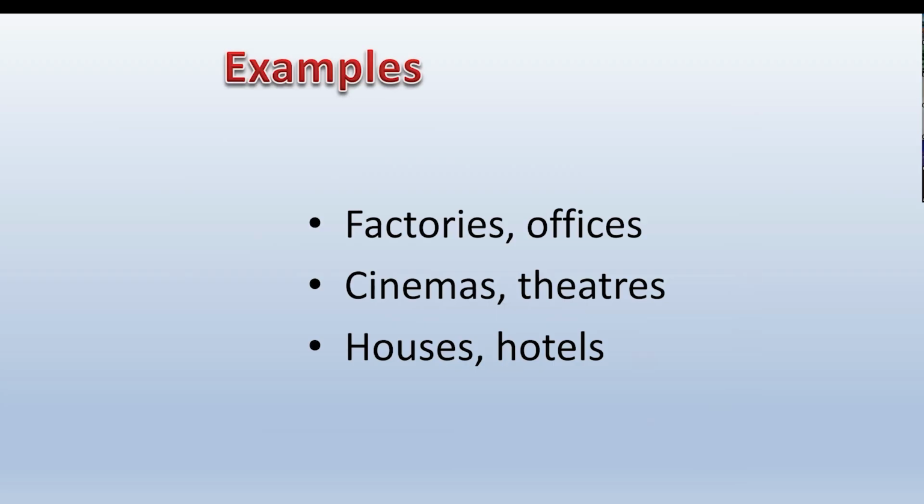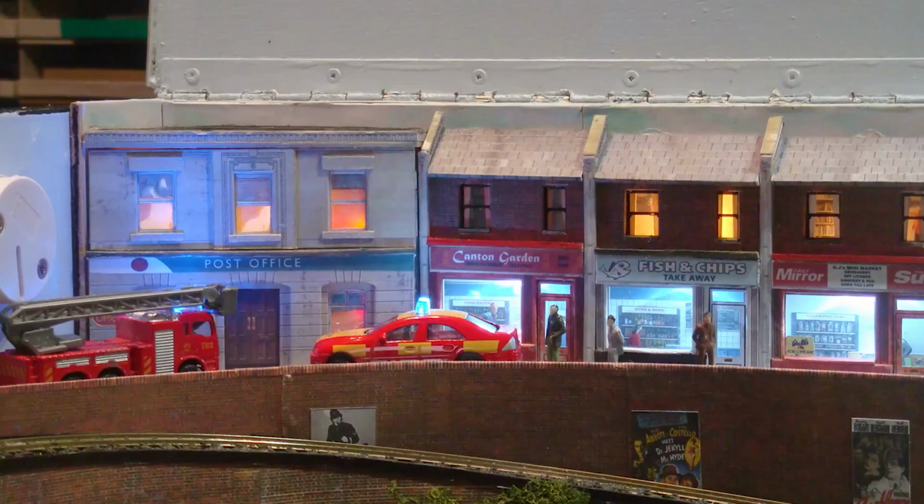Coming to buildings themselves, we want to illuminate buildings. They do that for factories, offices, and so on. There's all kinds of places you would like to light up, not necessarily all at the same time. Here's a good example of it. Again, you'll see mixed lighting.